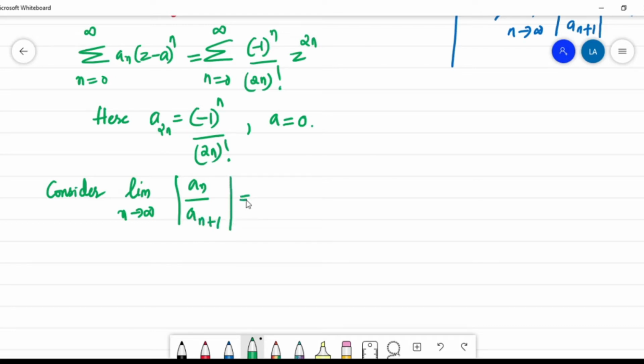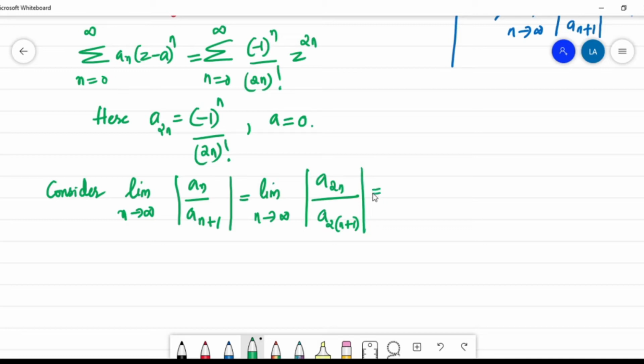By the kind of power series we are having here, instead of the nth term we are having the 2nth term, and the next term will be the 2 into n plus 1th term. So, instead of this we can write limit n tends to infinity modulus of a 2n divided by a 2 into n plus 1.